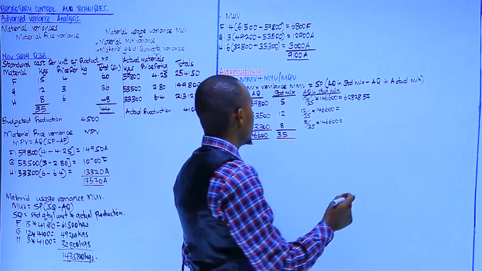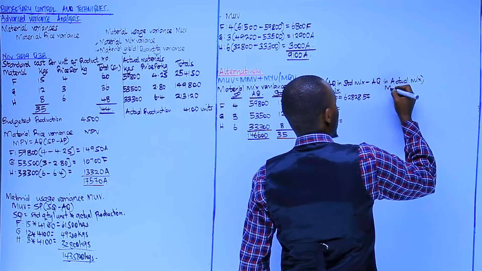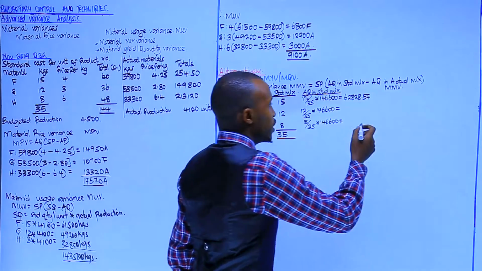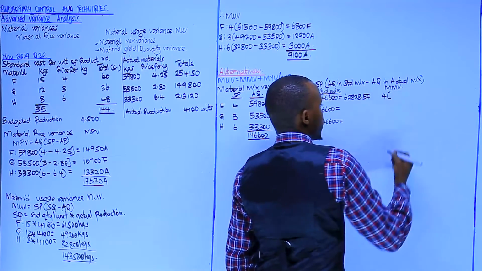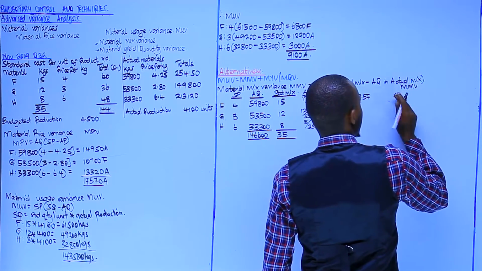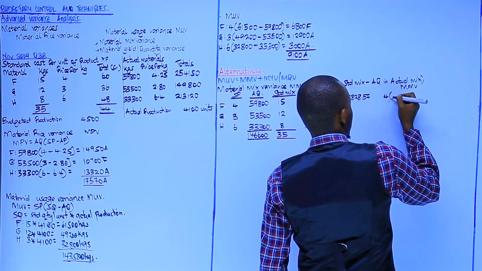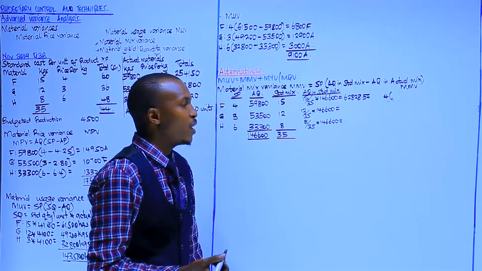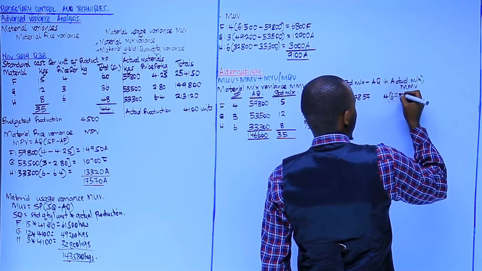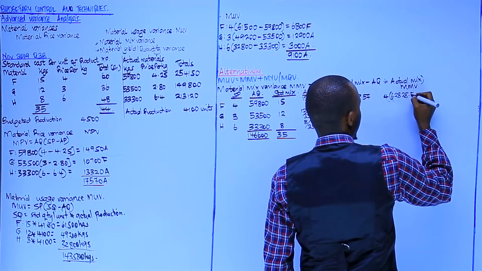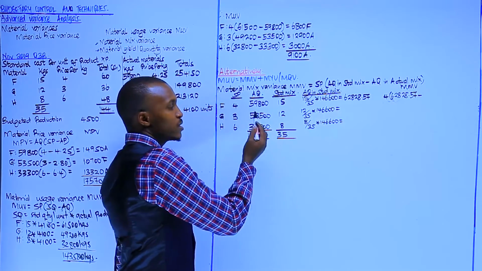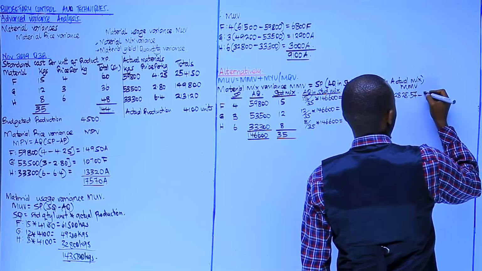Can we now get our variance? Yes, we can. Let's get our material mix variance. Okay, your standard price is 4 shillings into bracket. Your actual quantity in standard mix is 62,828.57 minus your actual quantity in actual mix, which is 59,800.